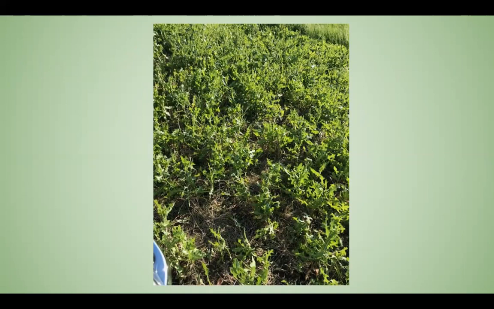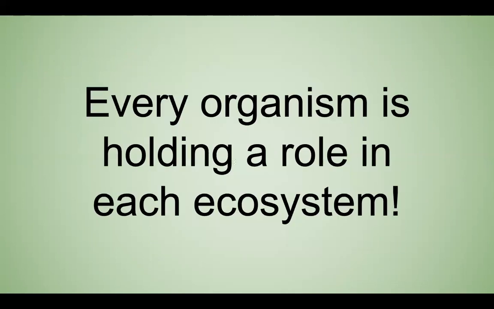The soil needs rest. The soil needs a different form of impact than what it's been currently exposed to. And this is as a result of the pressure that had been put on it in the management practices in the years prior. And so when we start to see organisms in our ecosystem, every organism is holding a role in the ecosystem.